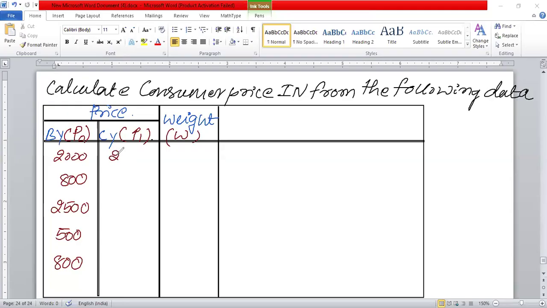P1: 2,500, 1,200, 3,000, 400, 1,000. So weight 10, 4, 12, 8, 6.